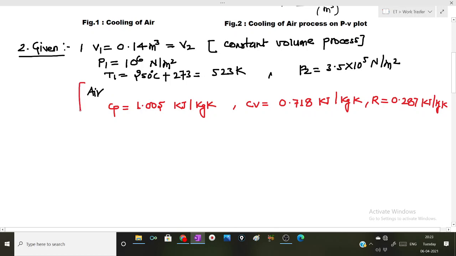So if air is given as a working fluid, you are supposed to remember these three values for air. You cannot say that for air Cp, Cv or R values are not given. Or at least remember two values, the third you can automatically obtain.